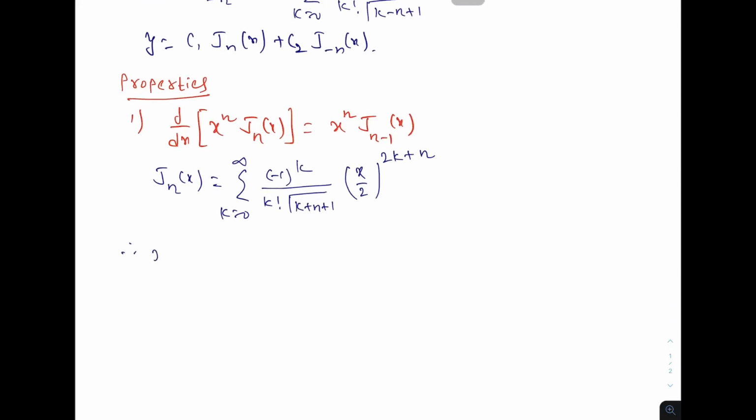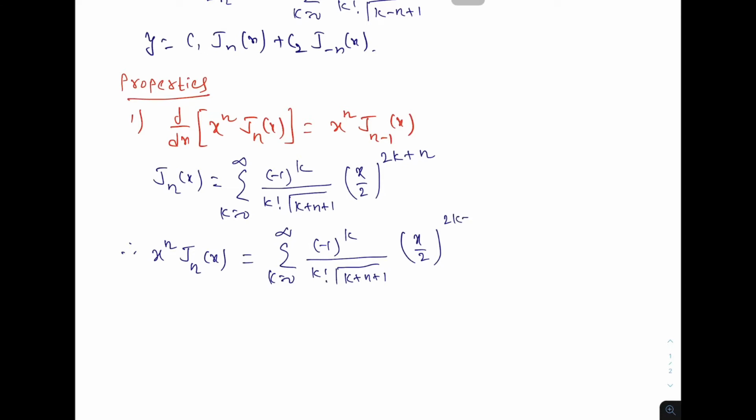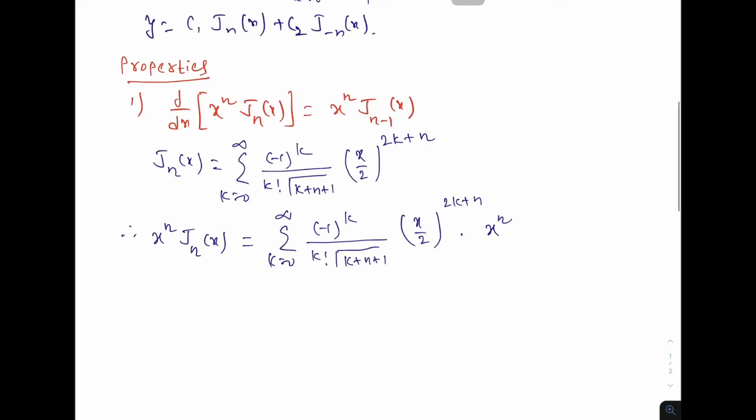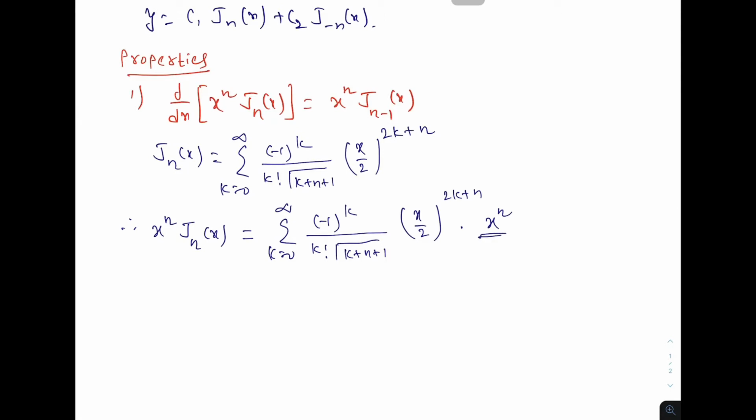Therefore x power n Jn(x) equal to series k equal to 0 to infinity, minus 1 power k over k factorial gamma k plus n plus 1, x by 2 power 2k plus n into x power n. Okay, so we have multiplied x power n on both sides.